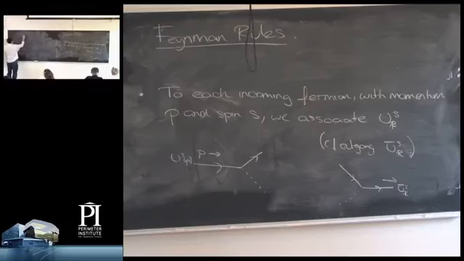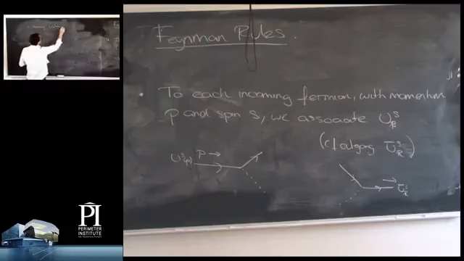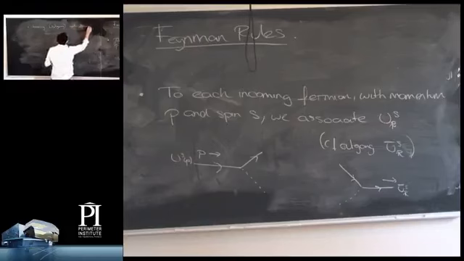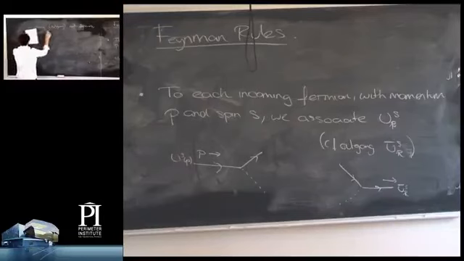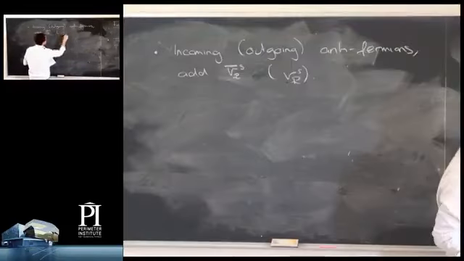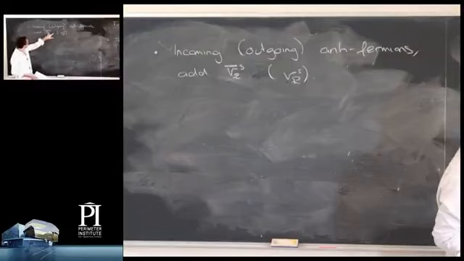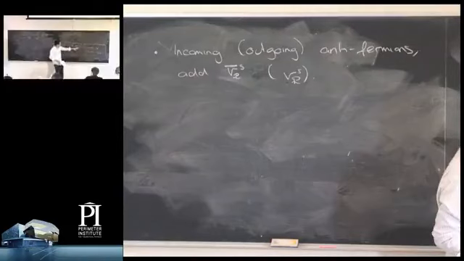If we have incoming or outgoing antifermions, we're going to add v bar of p or v. Notice that there's actually a flip here. For antifermions, the incoming ones have v bar, and the outgoing ones have v. So it's not just the u and the v that flip, it's the bar and the unbarred that also flip.